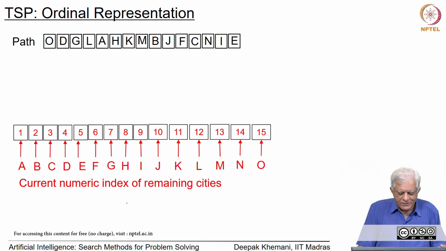In some sense, what this numeric index is saying, for example, is that the city I is the 9th city in the index, and city L is the 12th city, and so on and so forth. City A is the first city, and we use these index numbers to create a new representation which is called ordinal representation.